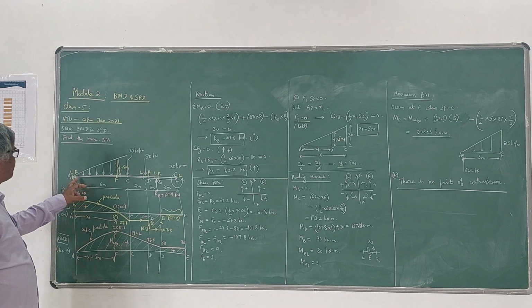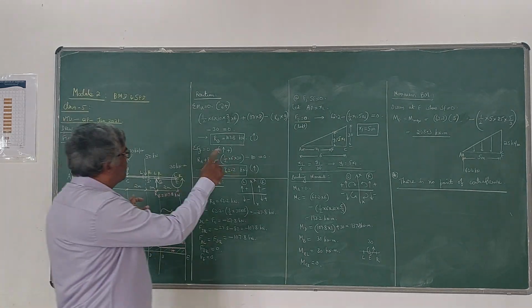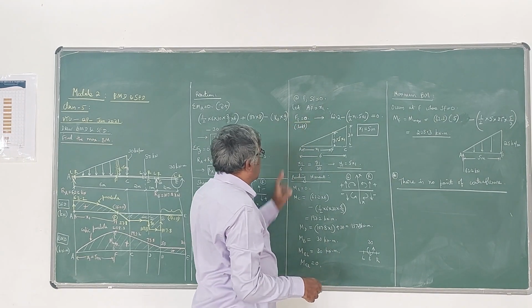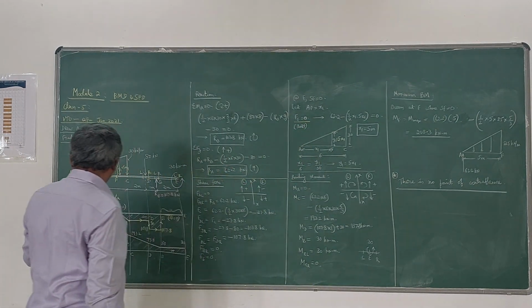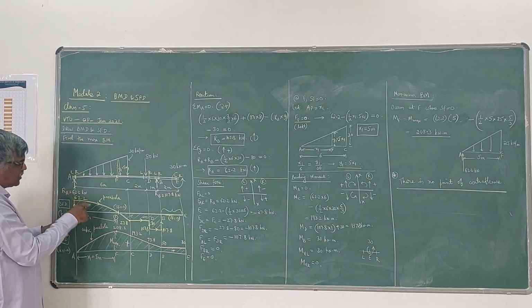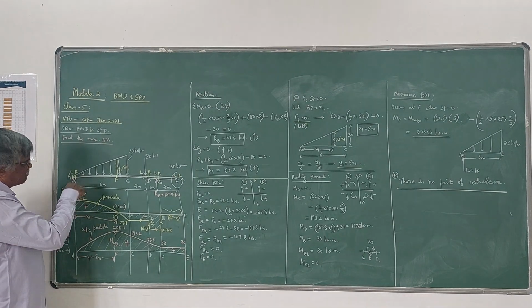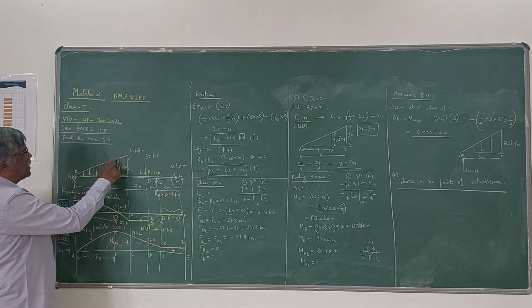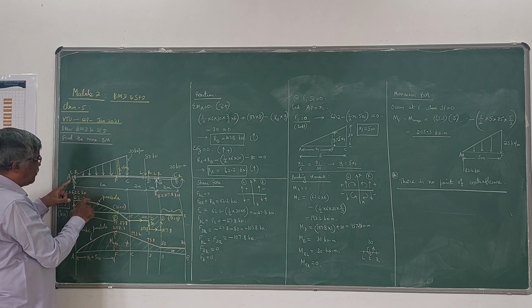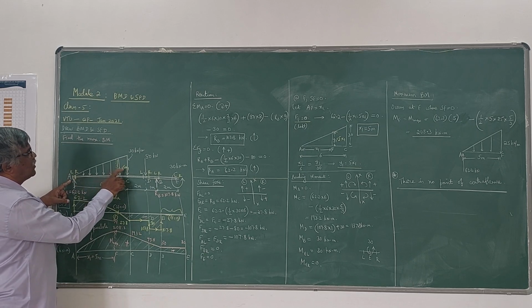If you write the expression for shear force by taking the left side of the section, 62.2 is the force upwards, therefore positive, minus the triangular load from A to here, that is half into x1 into 5x1.